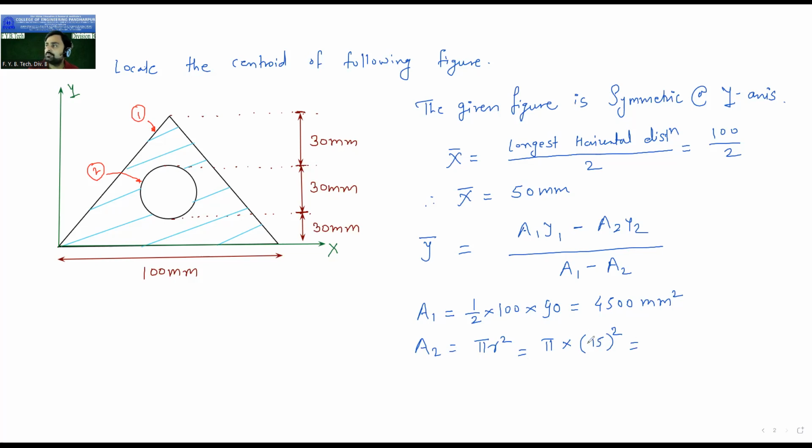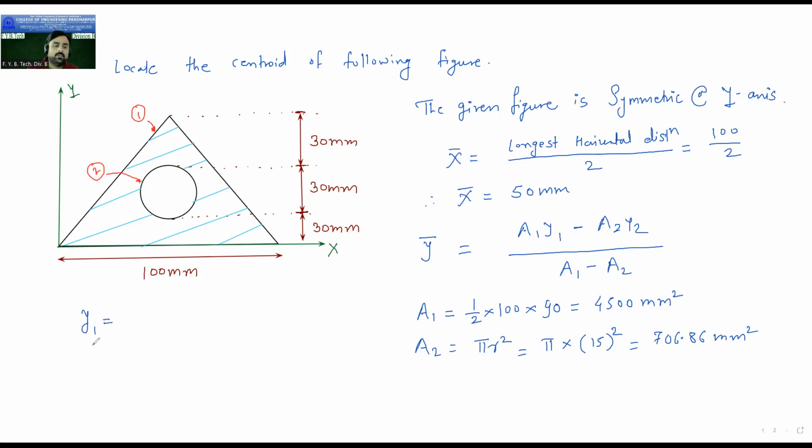So what is the answer? 706.86 mm square. So after a1, a2, now calculate y1, y2.